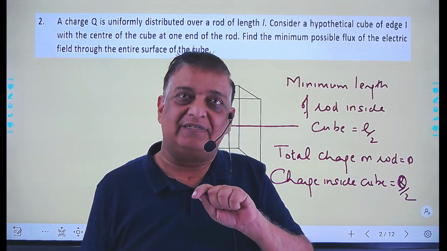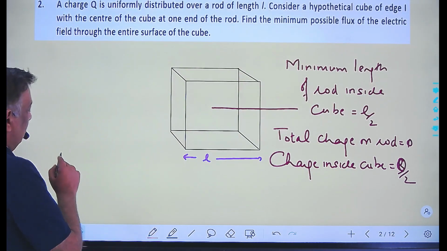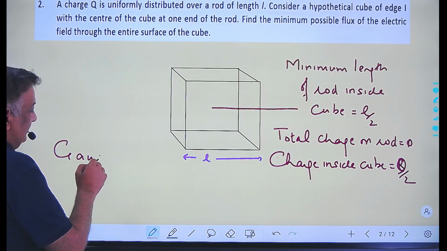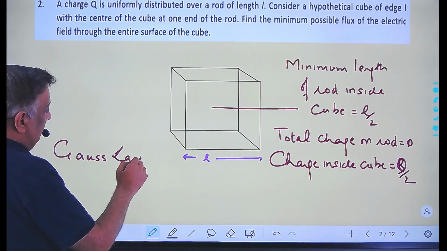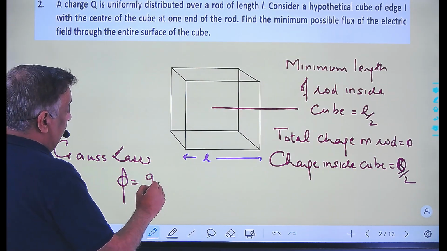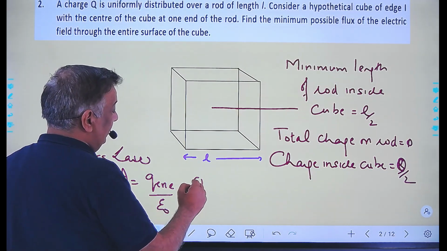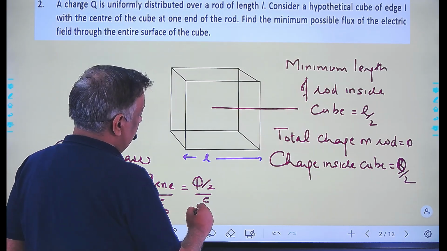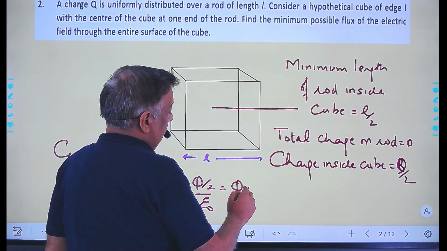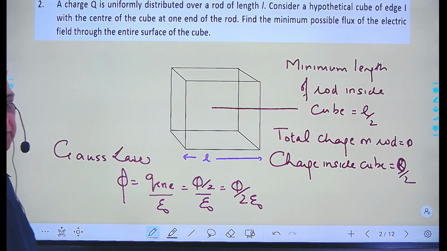In this case, charge enclosed is Q by 2. Gauss law says that flux is Q enclosed by epsilon naught. Q enclosed is Q by 2. So flux through the Gaussian surface is Q by 2 epsilon naught.